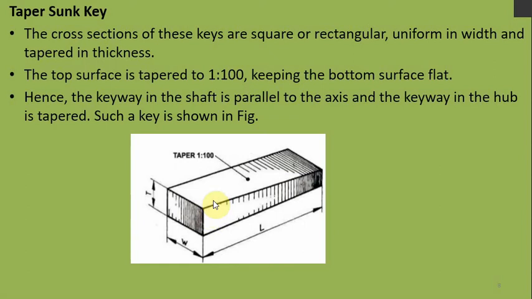Hence the keyway in the shaft is parallel to the axis, and the keyway in the hub is tapered. That means this side will be parallel to the shaft axis. The top side is going to fit into the hub, where the hub keyway will be tapered same as this one.